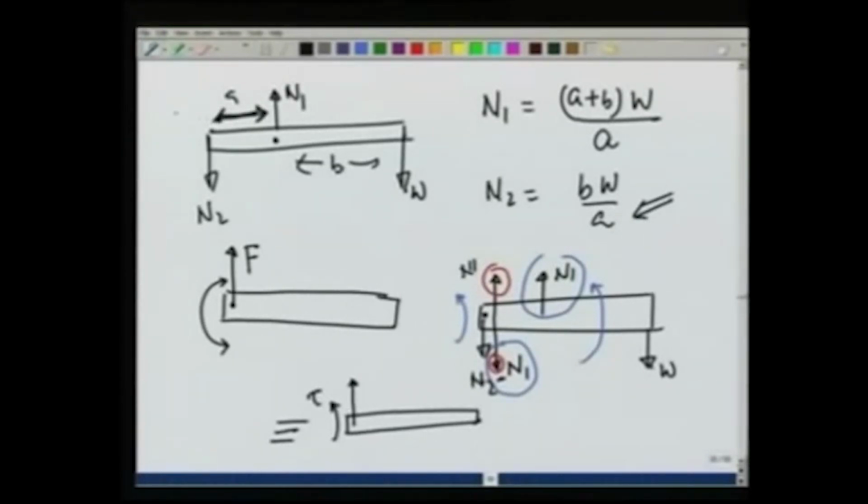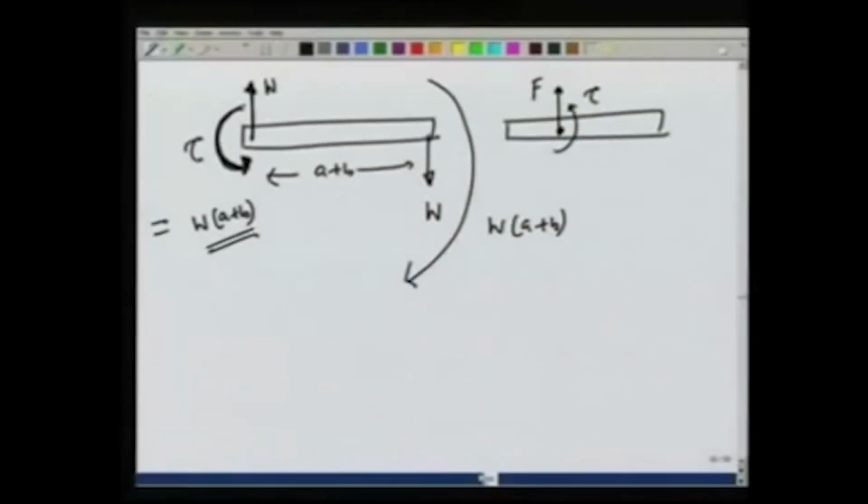If A is large, I am talking about this picture, then N1 provides a larger and larger torque, and therefore, with large A I need less N1 at this point. Therefore, if you want to have a very stable support, push it really deep into the wall.